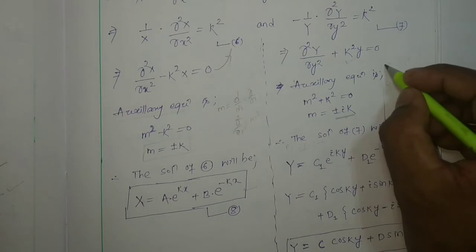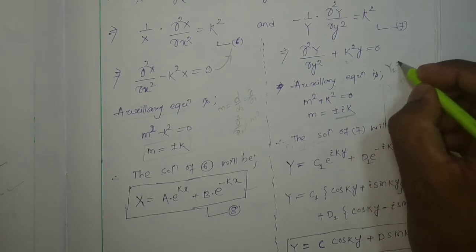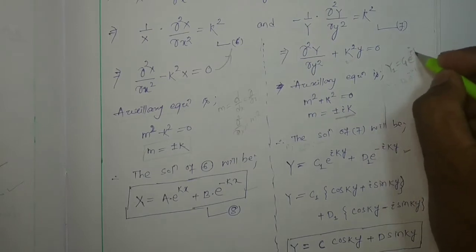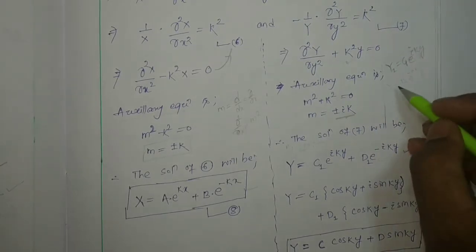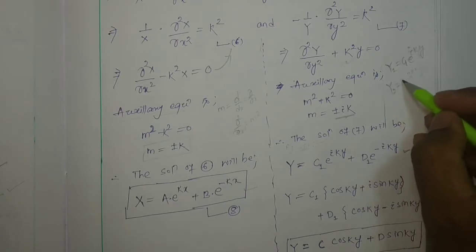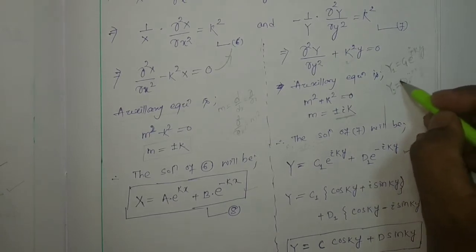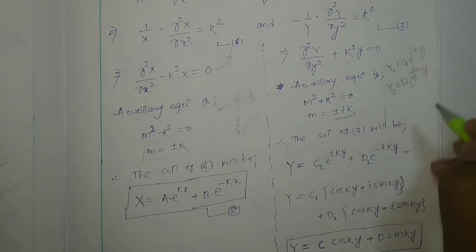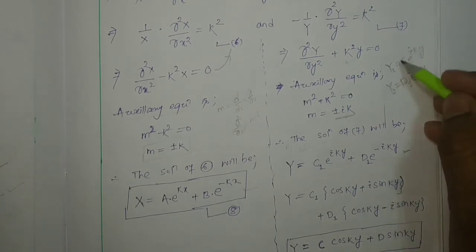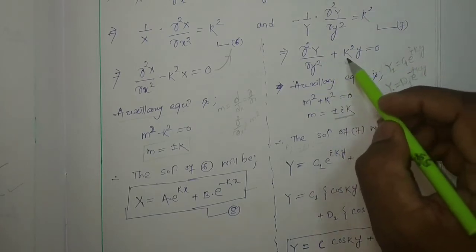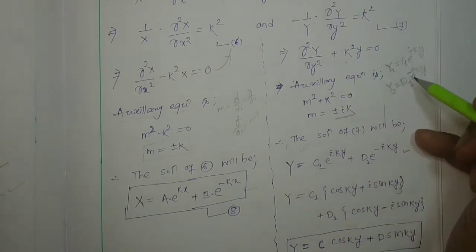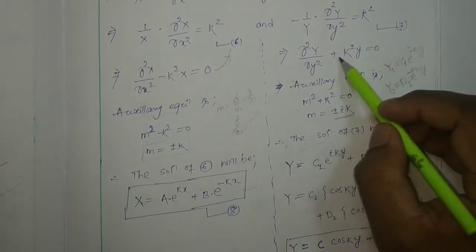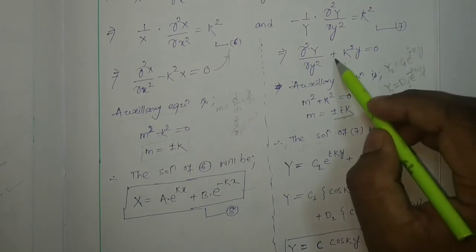Likewise, y1 will be the solution, that is c1 e to the power iky. y2 will be another solution, with some constant d1, d1 e to the power minus iky. These are the two separate solutions of this differential equation. You can try this in your rough work by solving it; this solution also will be a solution of this differential equation.